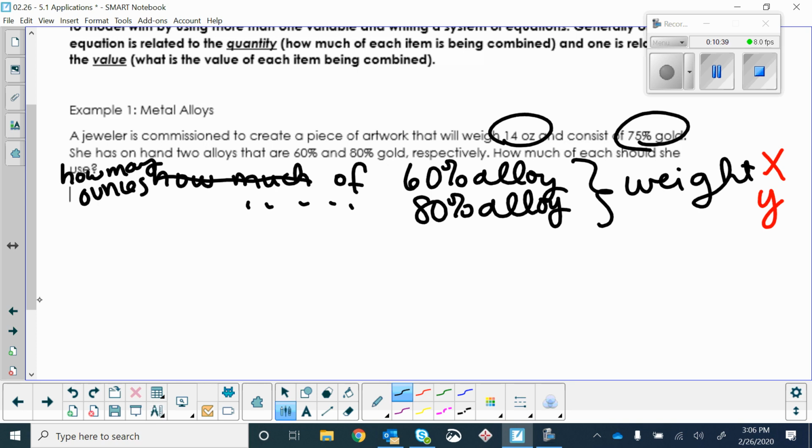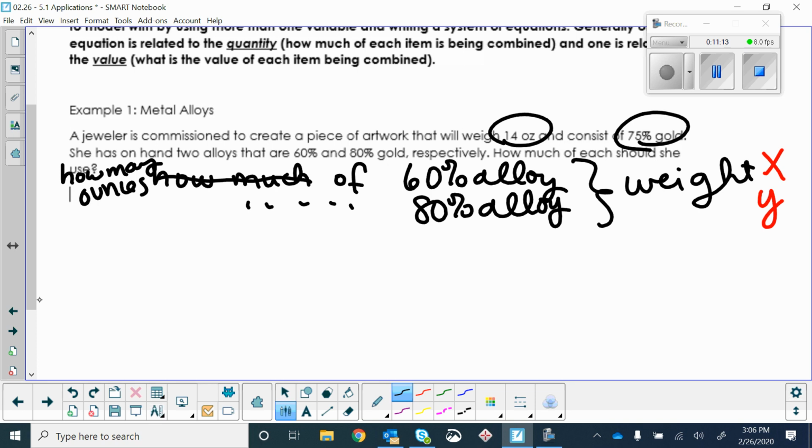We can use whatever math operations we know to relate these things to each other. Maybe we have to add them, subtract them, multiply, divide, or whatever. I've kind of already given you a clue here, and it's this word weight. X stands for the weight of this alloy. Y stands for the weight of this one. Well, what do we know about their weight together? They have to equal 14, right?